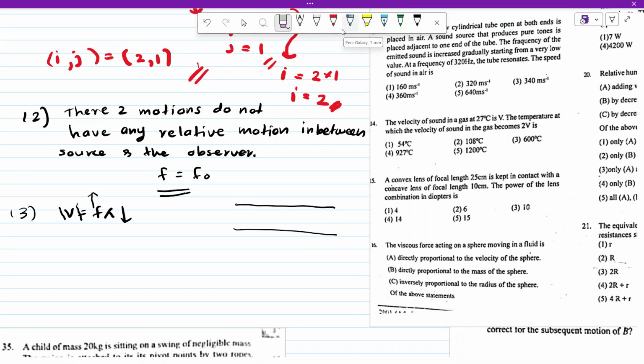There should not be a single loop drawn inside, so it has to be something like this. No loops. The length of this is 50 centimeters. Let's consider this whole length as L.